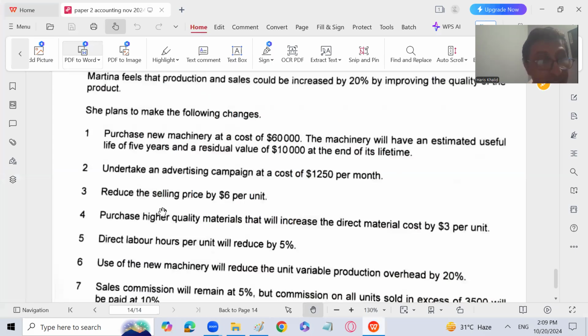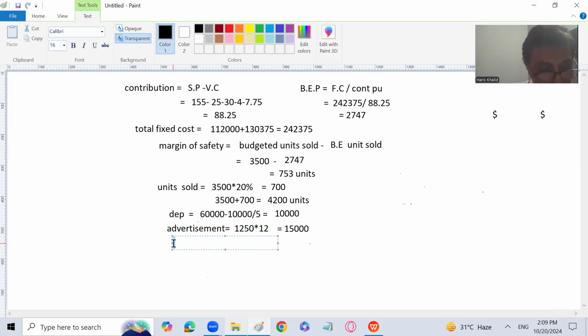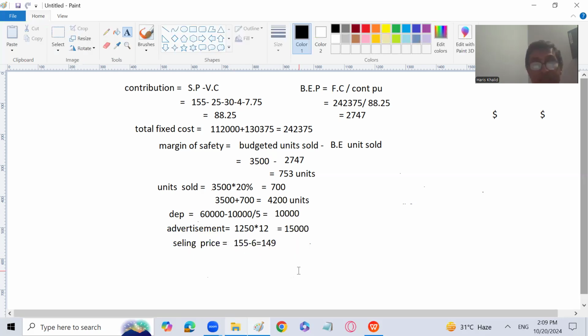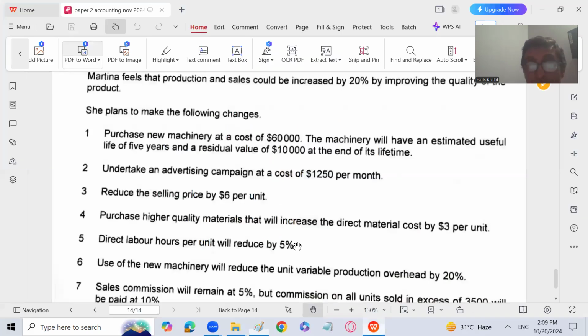Let's move forward. Reduce the selling price by $6 per unit. So the selling price is going to be decreased by 6 per unit. If you just see, the selling price was 155 minus 6. So now it is going to be 149 because the selling price has been decreased by $6 so that the sales volume can be increased by 20%. And because of the same reason, we have improved the quality and decreased the selling price.